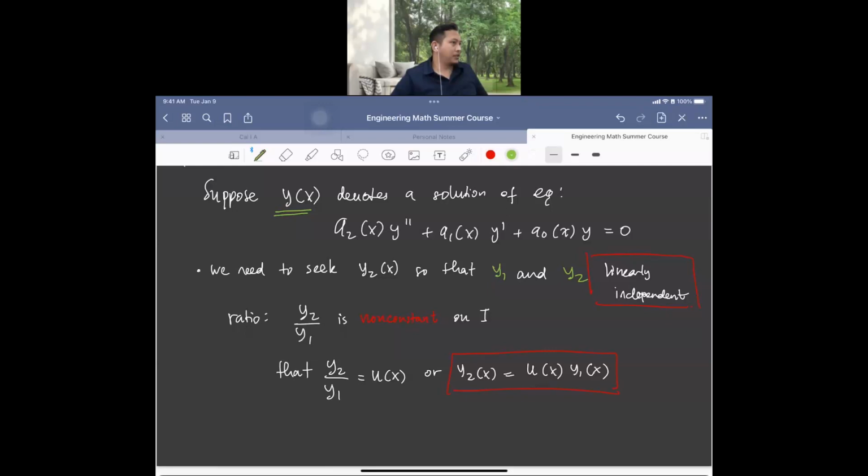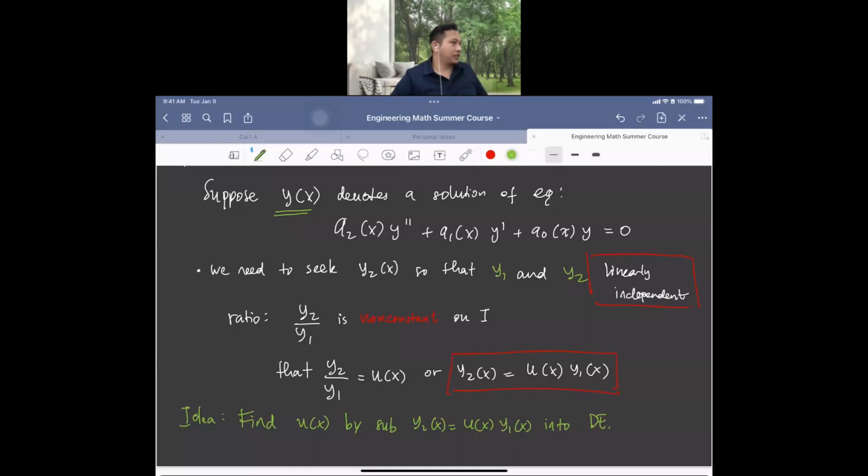The idea: find u of x by substituting y2 of x with u of x y1 of x into the DE.